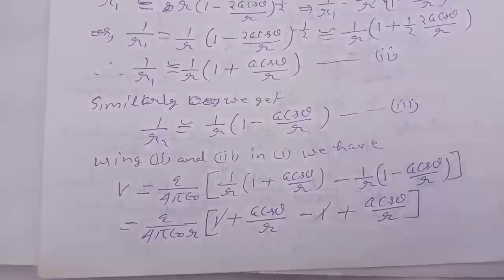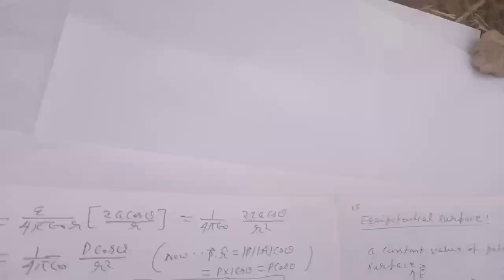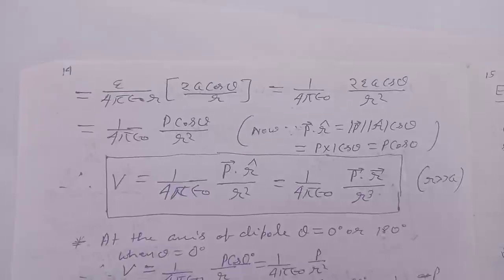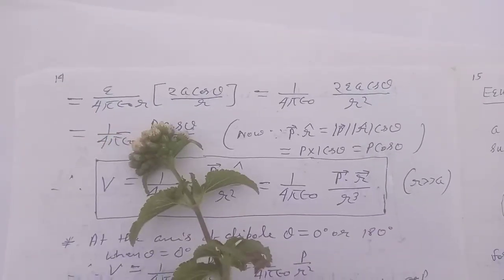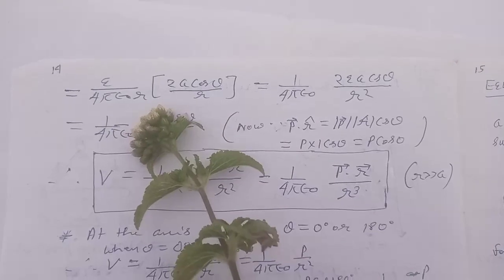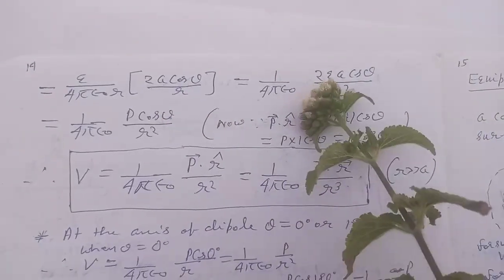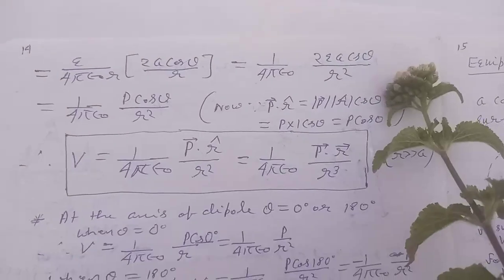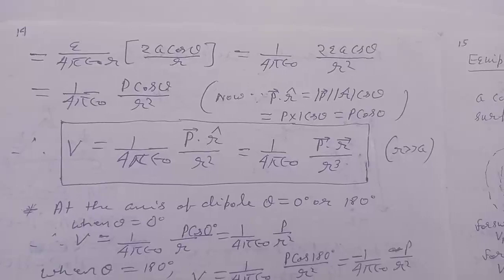The 1 will cancel out. Hence it equals Q by 4 pi epsilon naught R into 2A cos theta by R, equals 1 by 4 pi epsilon naught into 2QA cos theta by R square, or equals 1 by 4 pi epsilon naught P cos theta by R square.